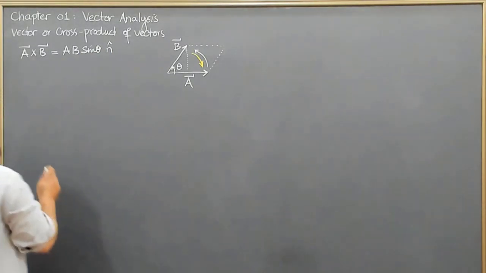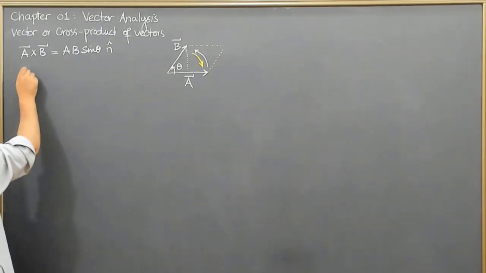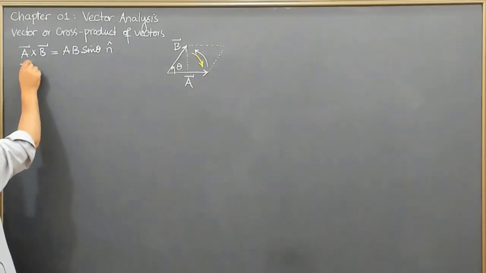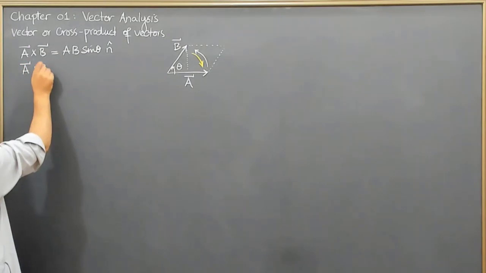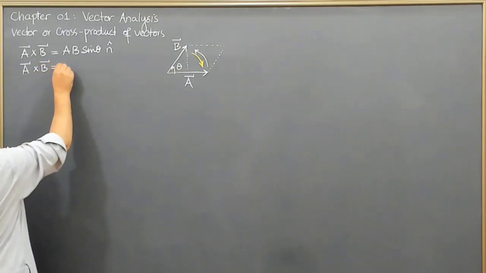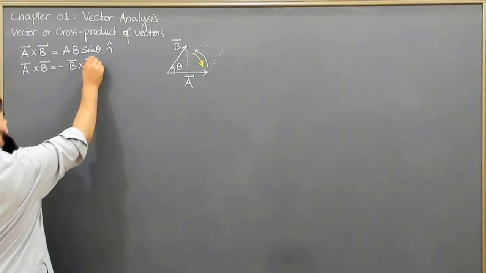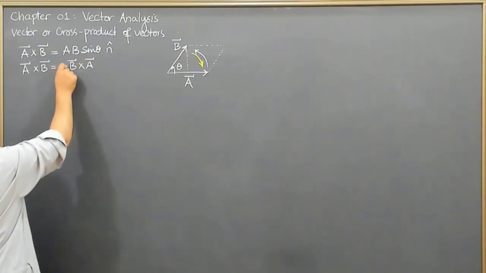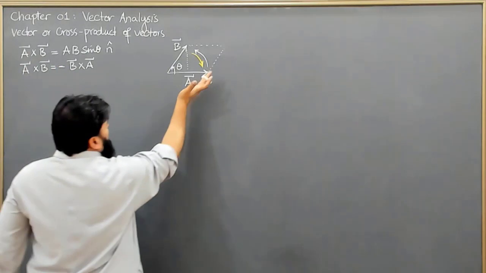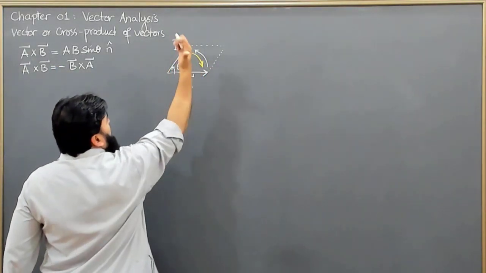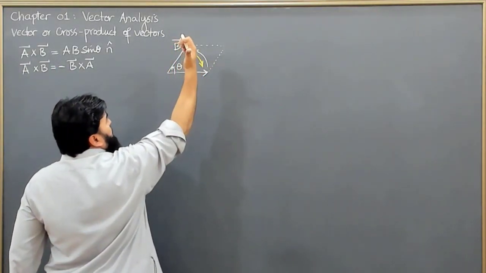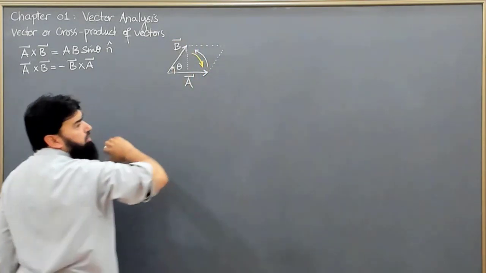Now in this situation, A cross B will be equal to minus B cross A, because when A is swept along B, this is the direction of the unit vector, and then that is the direction.